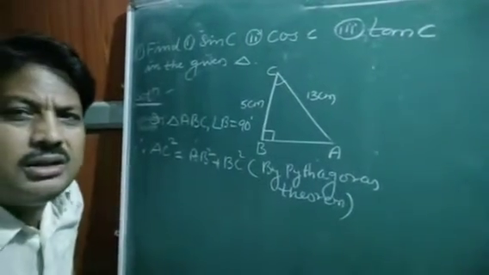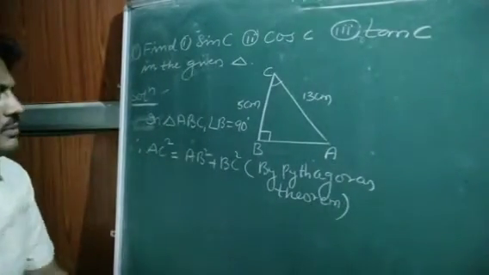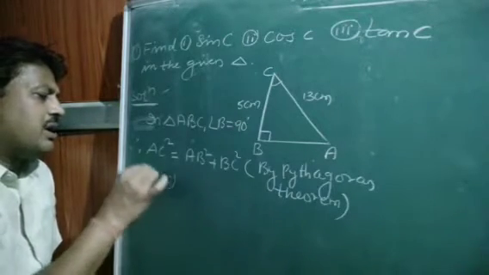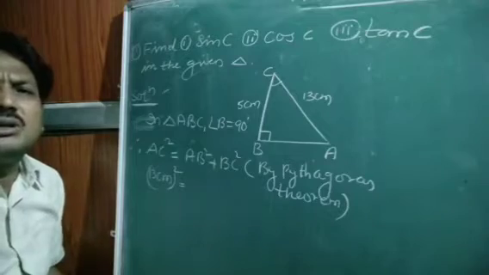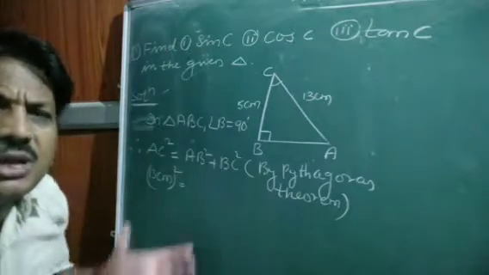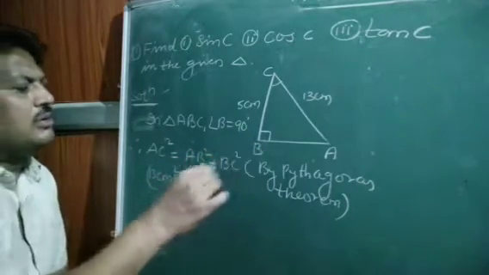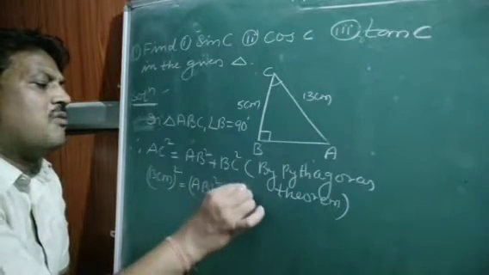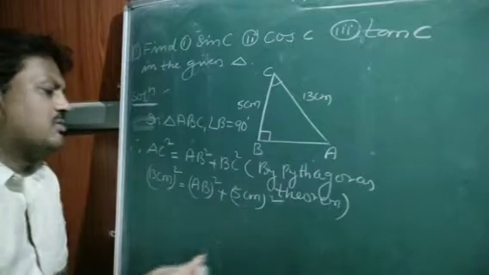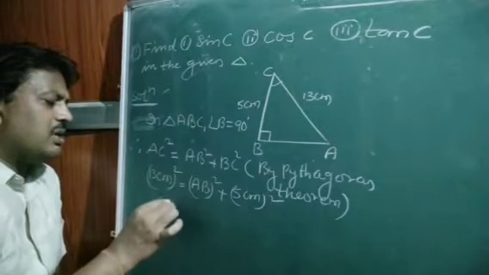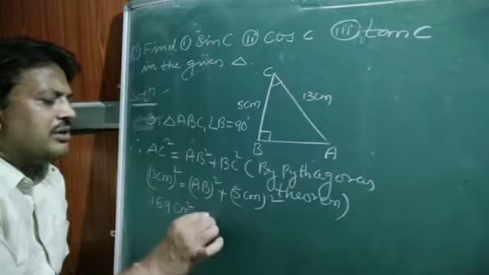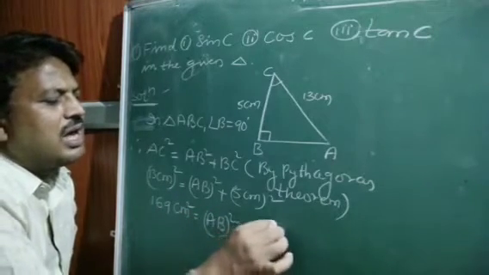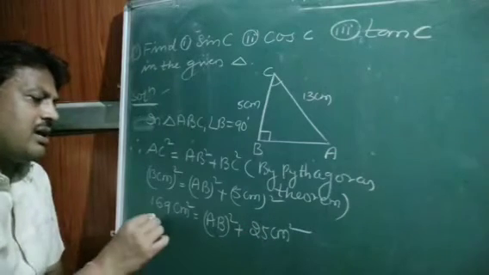Now AC value how much children? 13 centimeter whole square is equal to AB square plus 5 centimeter whole square children. 13 whole square 169, AB square plus 5 whole square 25 square centimeter.